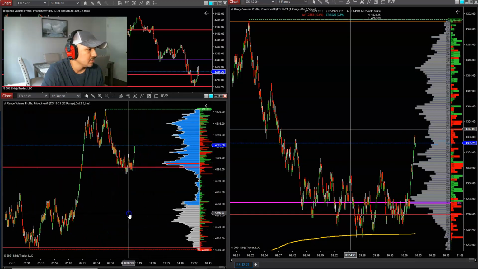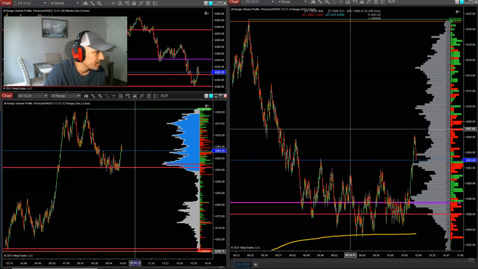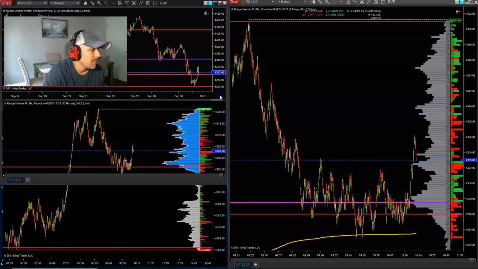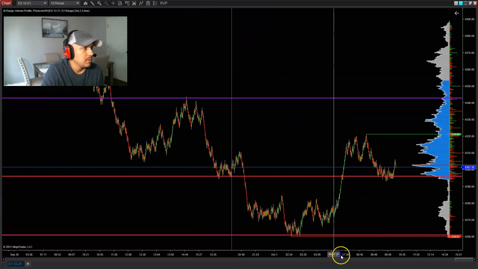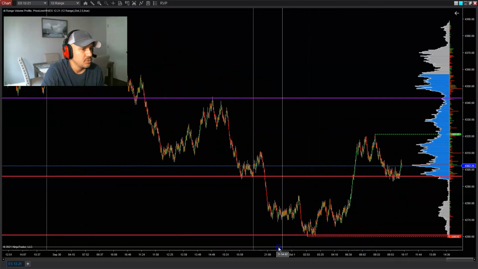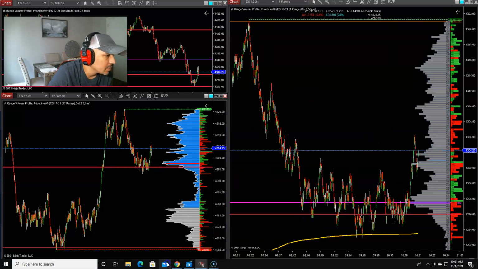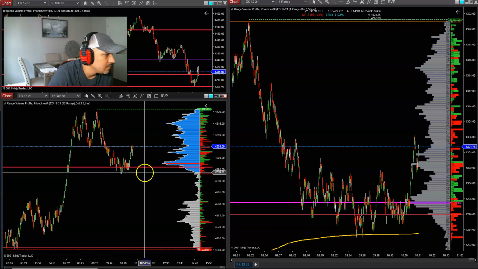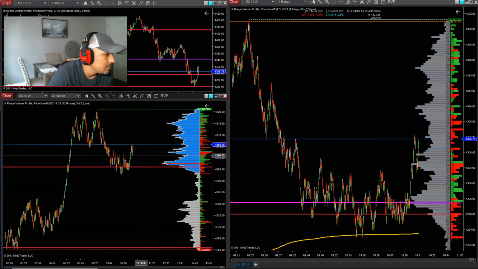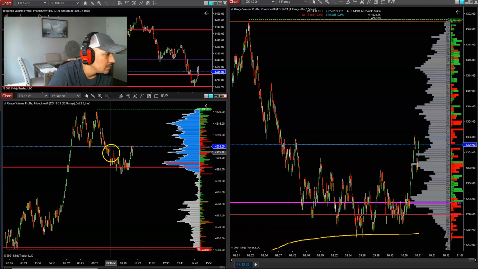Yeah, that's a reversal. The market's not wanting to push lower. So all in all, let's see, it's pulling back now. Market is a little volatile right now. Yeah, it's not wanting to break below here.